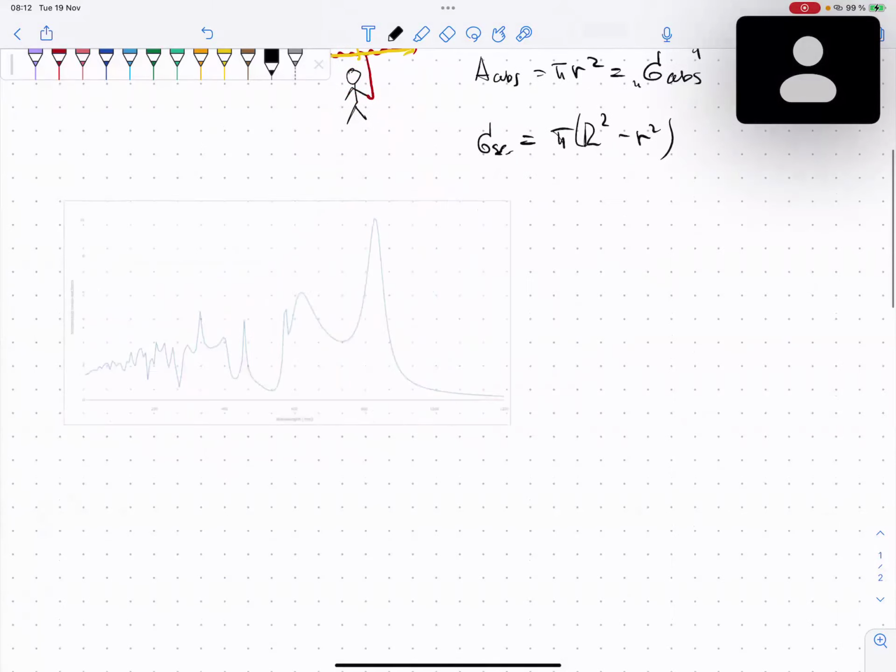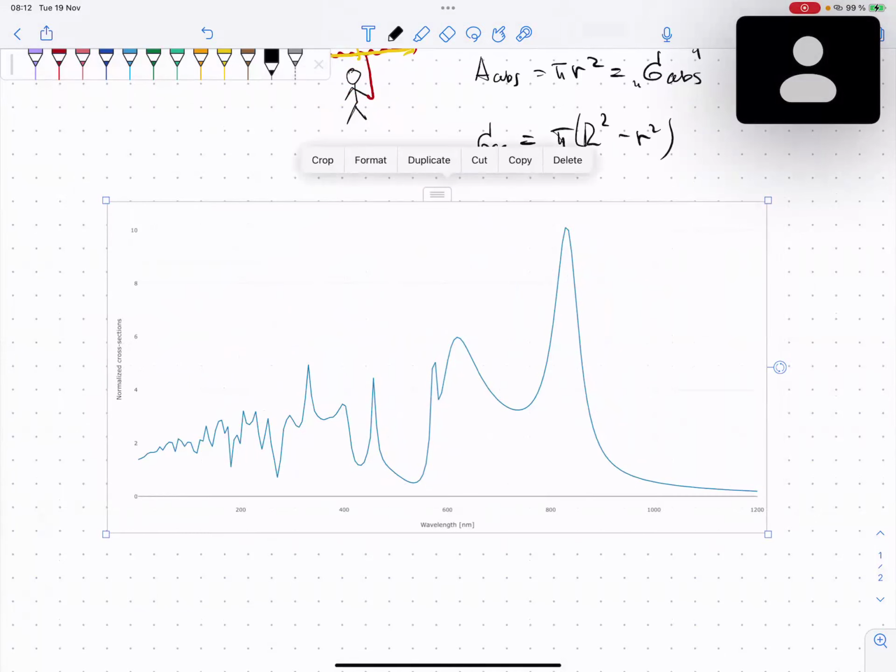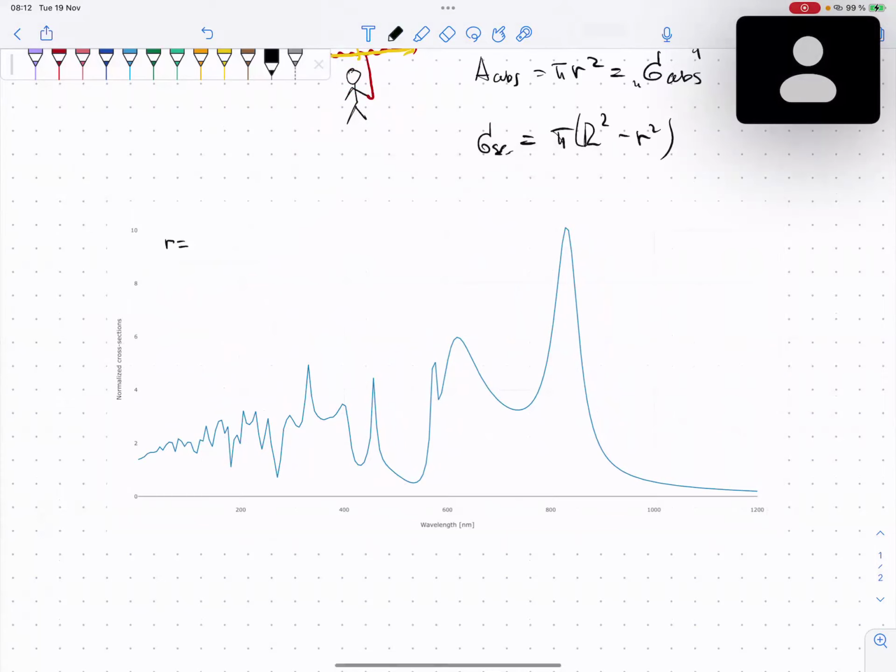So this is basically the scattering cross section for a dielectric sphere with radius equal to 100 nanometers and epsilon equal to 4, or n equal to 4.